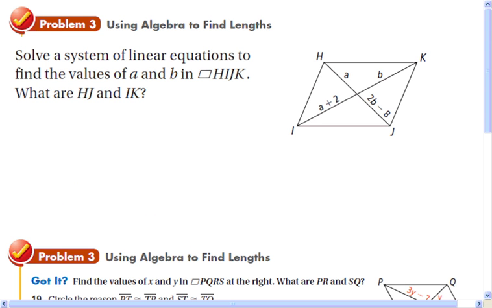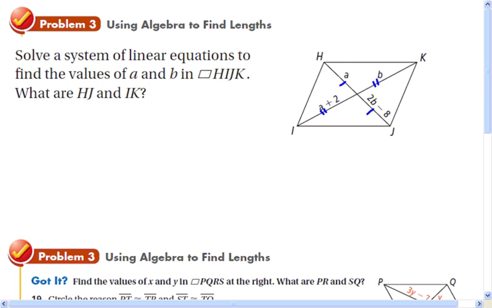All right, we're going to use the properties of parallelograms to solve for some values A and B in this. Now, the property that we're going to use is that parallelograms have bisecting diagonals. And knowing that, that means that these two segments are congruent and these two segments are congruent.